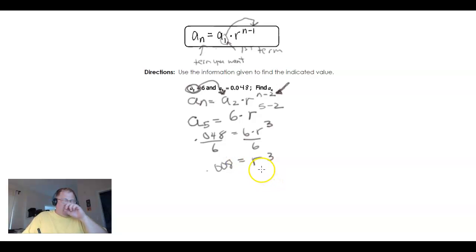Now, I don't know if you remember this, but in order for us to get to r and we have a cube, we have to do the opposite, which is take the cube root of it. Sort of like when you had squares in geometry, and you had to do a squared, b squared, c squared, and you had to take the square root. That's the same idea. So we're undoing this. So this is going to be the cube root.